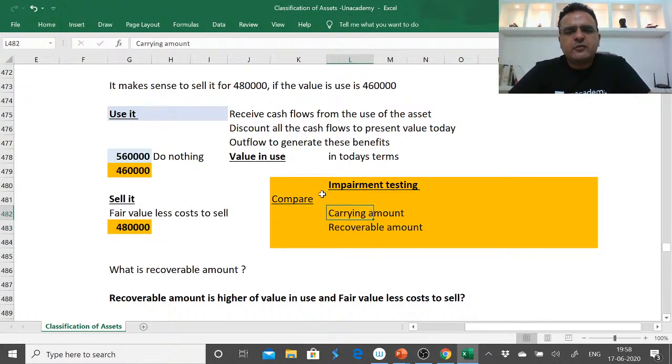When we are required to compare the carrying amount with the recoverable amount, we are actually getting into impairment testing. If carrying amount is higher than recoverable amount, then the asset has got impaired. If carrying amount is lower than the recoverable amount, we do nothing.